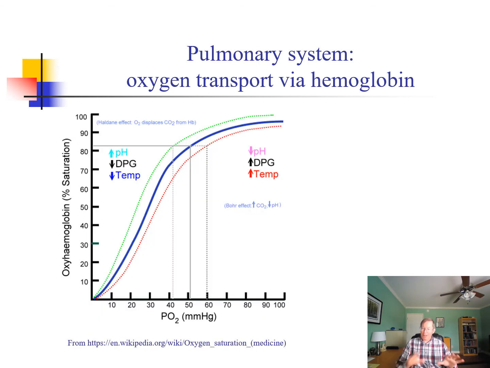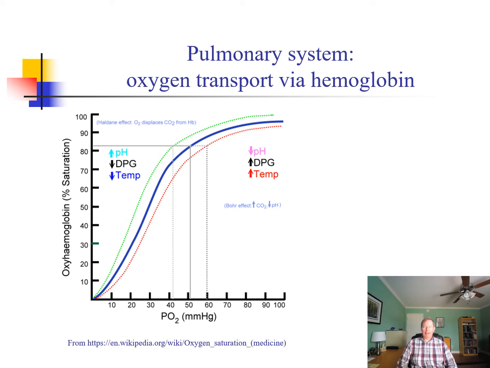Now, I can modulate the amount of oxygen and its transport in hemoglobin by several things. And these modulations are very slight in the way in which they shift that oxygen saturation curve, but they're very important. So the few things that I want you to think about here that you can use to shift that curve have to do with the way that I remember it, which is in terms of exercise.